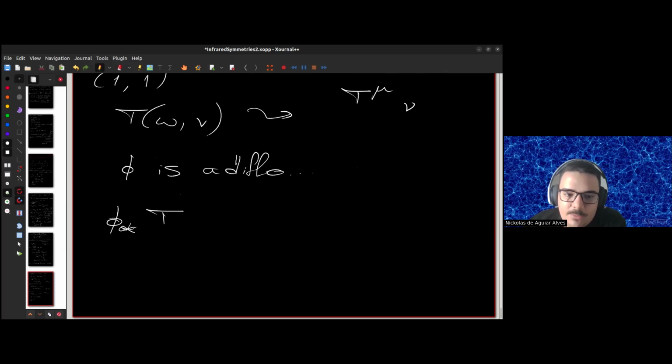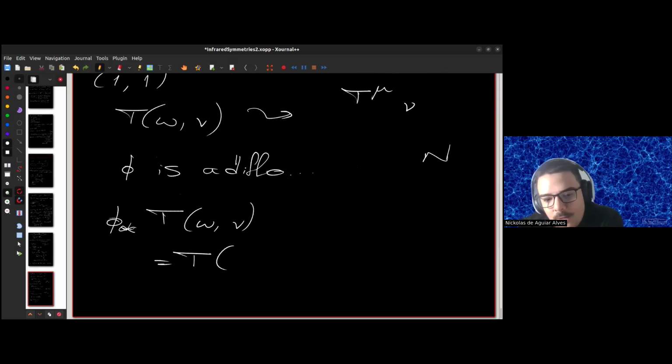Since I'm doing a pullback, I'm considering that T is a tensor on the manifold N. And the pullback of T, acting on omega and V, is going to be given by T. I can't do a push forward on the one form, but I can consider a pullback with the inverse. And then I take the push forward of the vector.